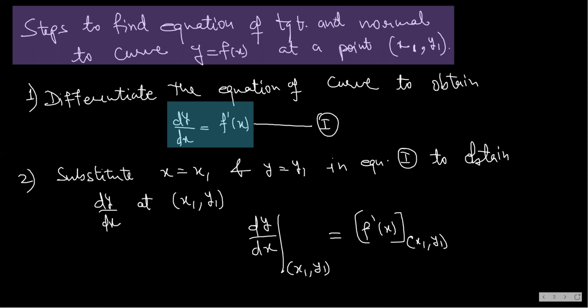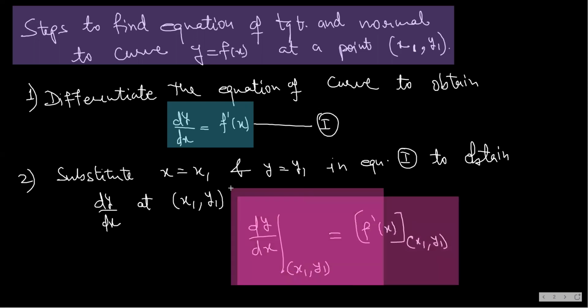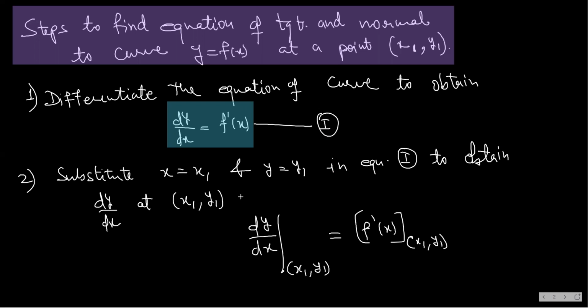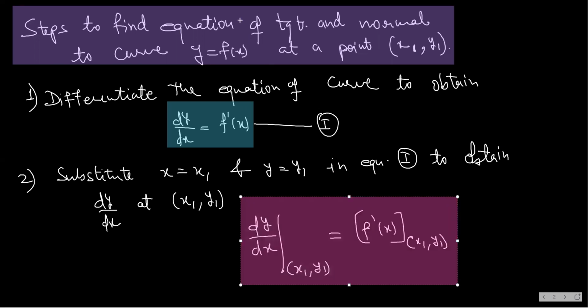Okay. Now see, this thing which you found, dy by dx at x1, y1, this is known as the slope of the tangent at x1, y1.